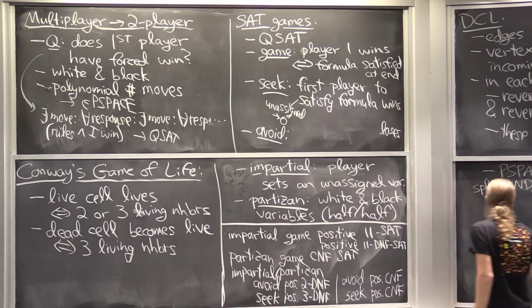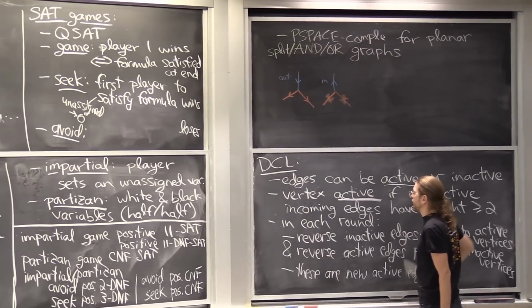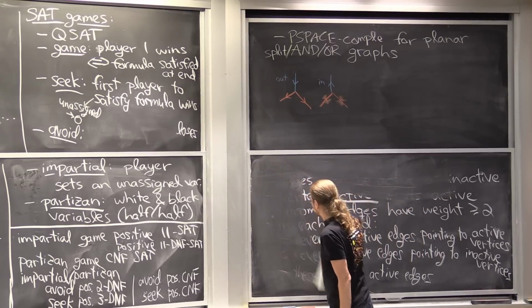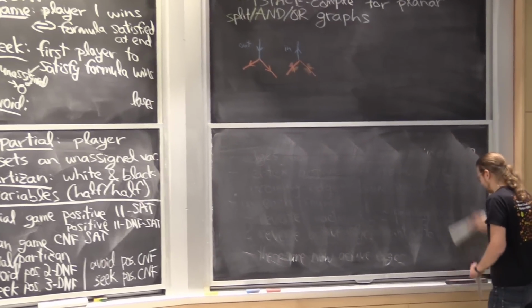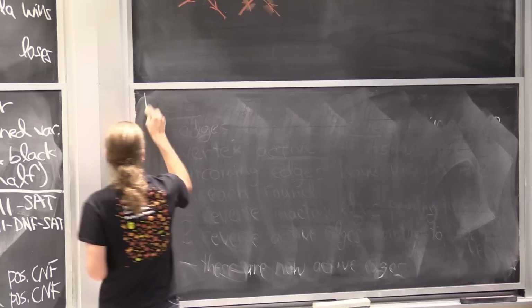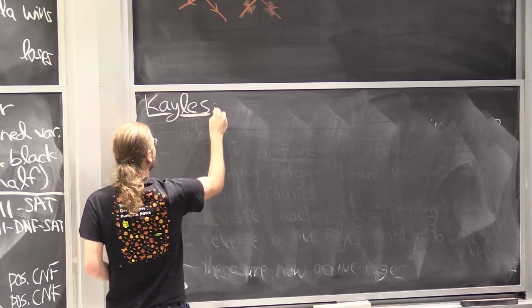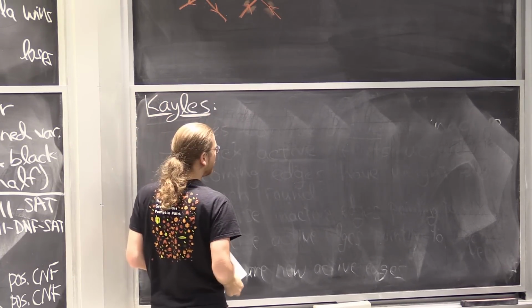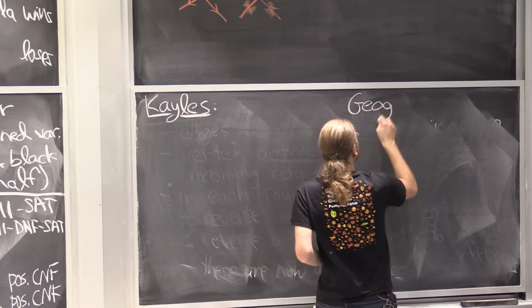Okay, let's maybe go over here. Okay, a couple more problems which are in the Schaefer paper. One is called Kayles, one is called Geography.